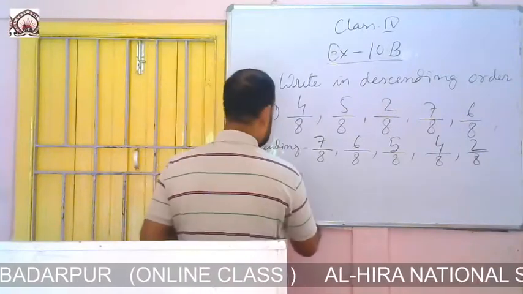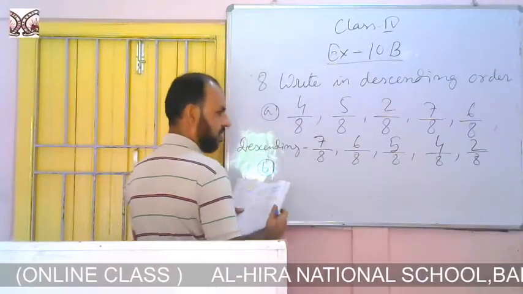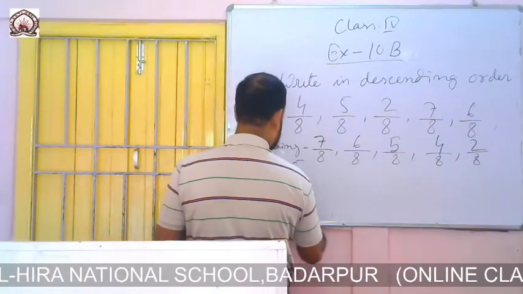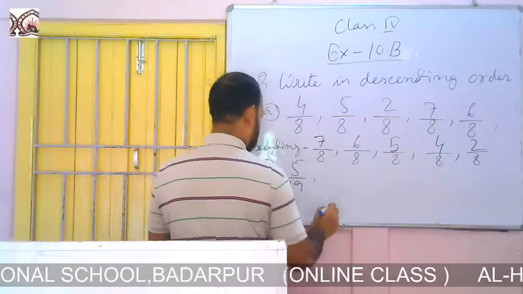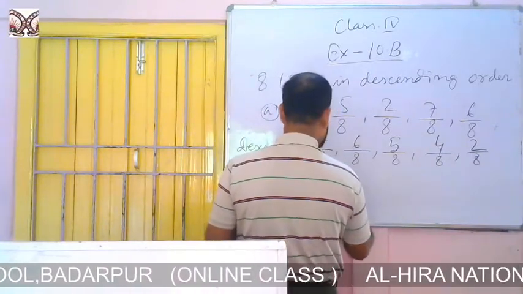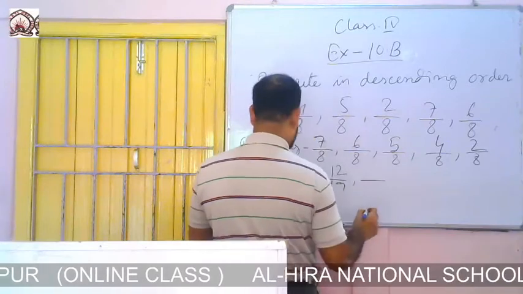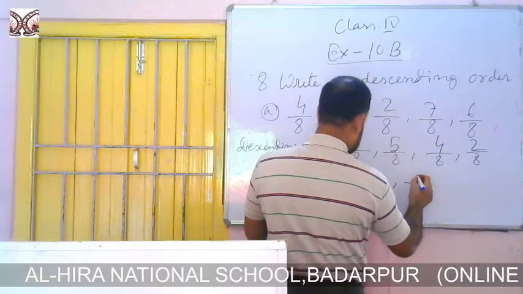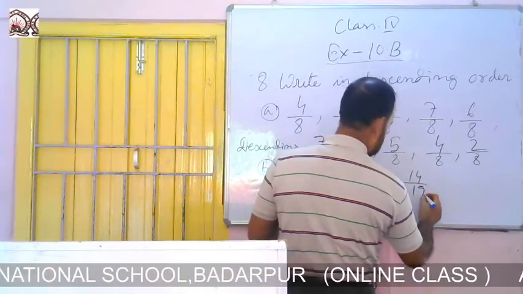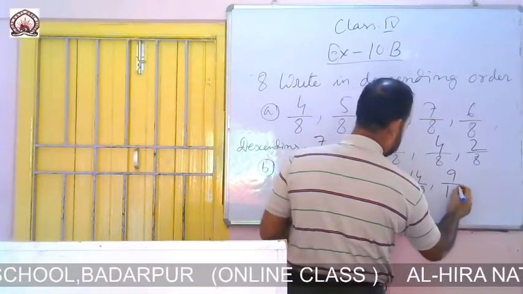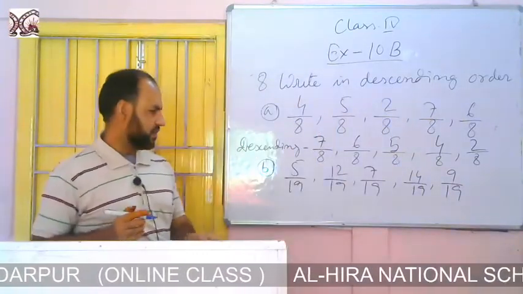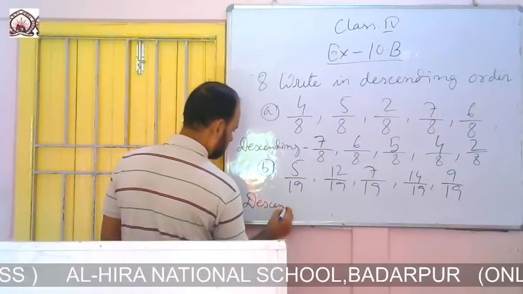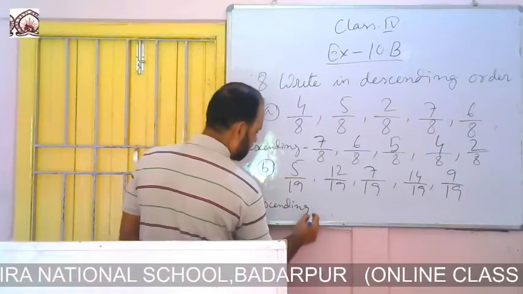Next question number B: 5 by 19, 12 by 19, 7 by 19, 14 by 19, 9 by 19. So here descending order, same rule we follow.